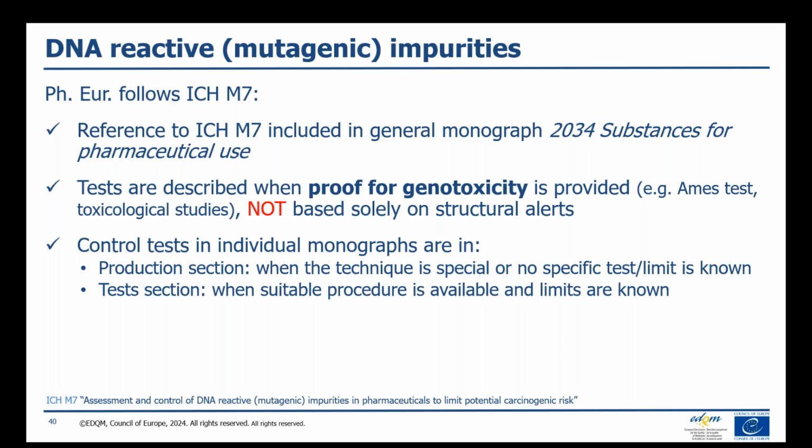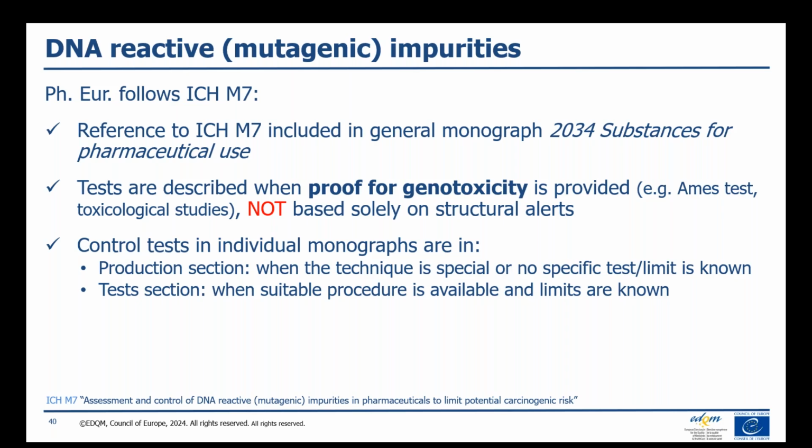We usually include a test in the individual monograph when we have the proof that an impurity is genotoxic. For example, if we have some toxicological studies or the result of the Ames test. We usually don't include a test if it's only a structural alert.